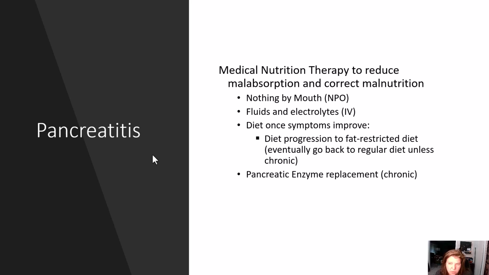We talked about those foods that would be restricted with a low-fat diet. And then we also will provide pancreatic enzyme replacement. Pancreatic enzymes are these little pills that have the enzymes already in there. Basically, they're the pancreatic enzymes that our pancreas makes, put in this little pill, and it's encapsulated. That way it gets through the GI tract.